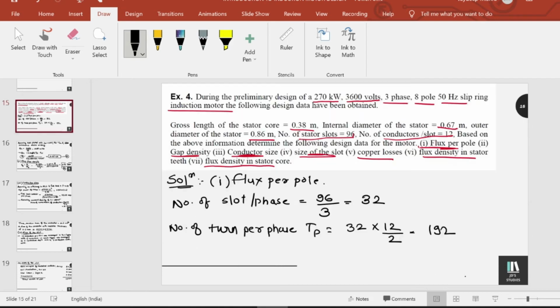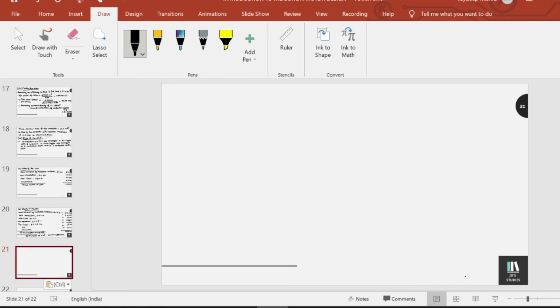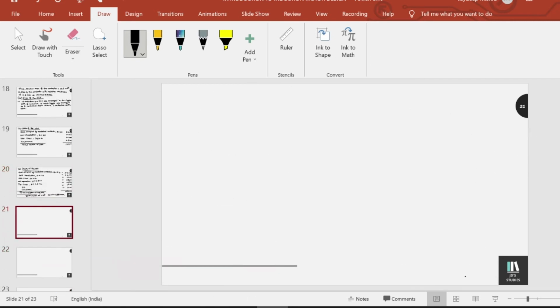Now we have to find the copper losses, flux density in stator and flux density in stator core. The fifth portion is copper loss.